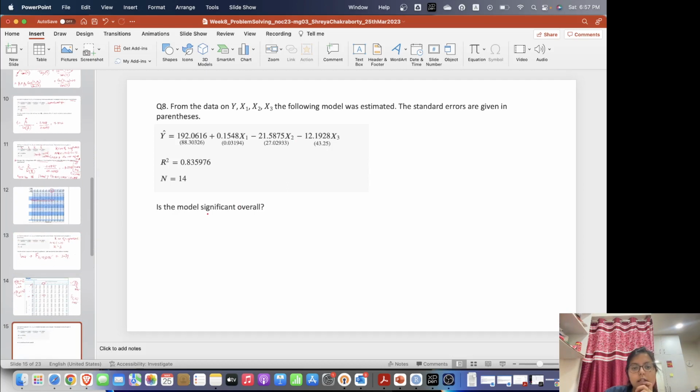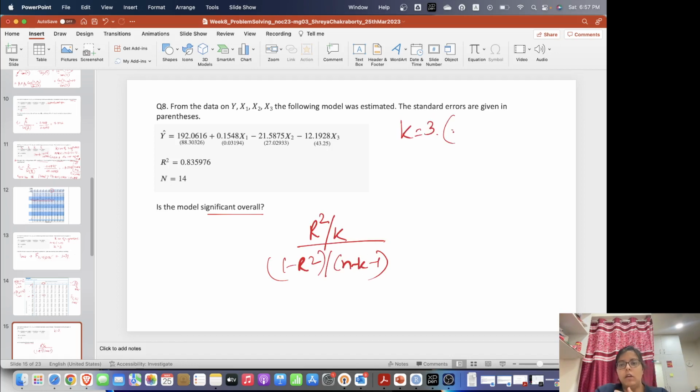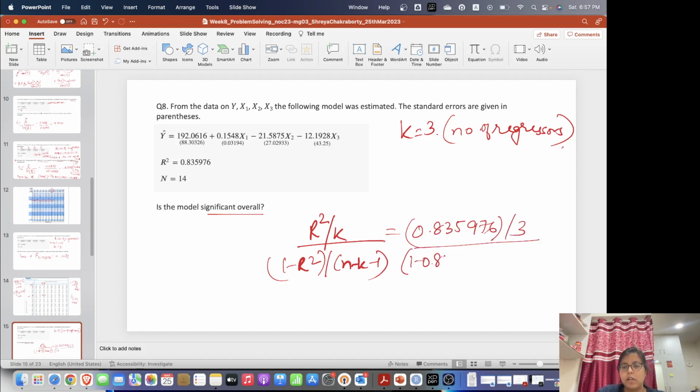So is the model significant overall? For that the test statistic was R square by k divided by 1 minus R square by n minus k minus 1. K, as I was saying, is 3, that is the number of regressors. So we'll just compute this: 0.835976 divided by 3 by 1 minus 0.835976 by 10.